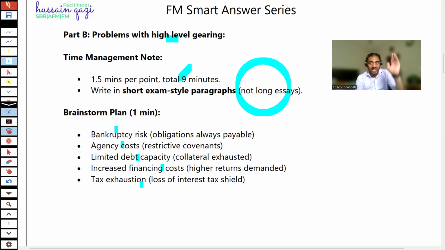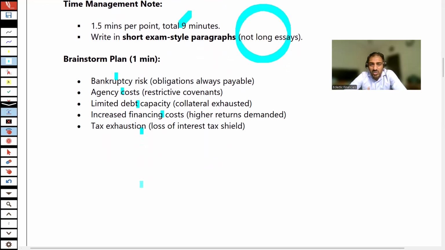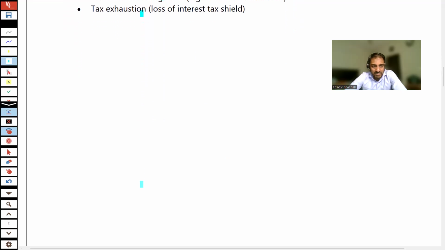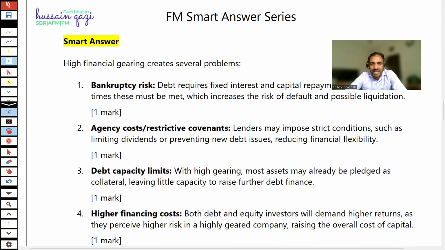But if you take on more debt and cross the $40,000 limit of interest, the tax authority will not allow interest as a tax allowable expense. That's called tax exhaustion. The higher the interest, the higher the chance of tax exhaustion. So the point is that you need to develop a mindset of at least 2 to 3 points. And this is very basic.